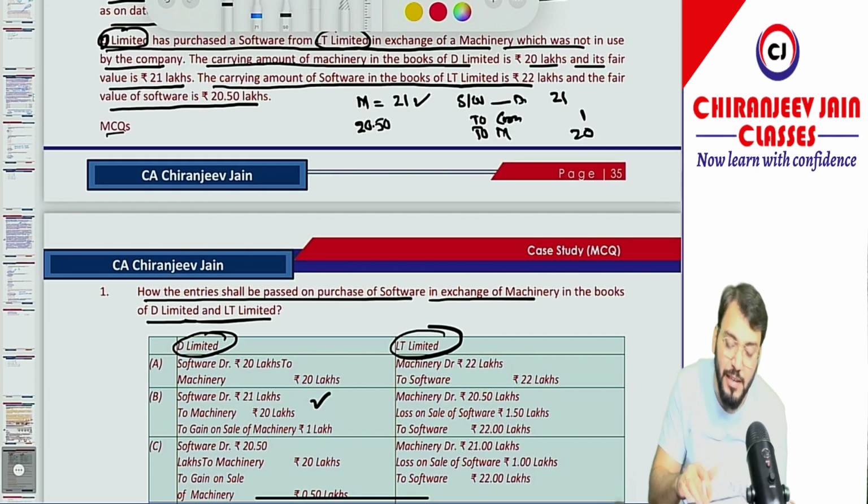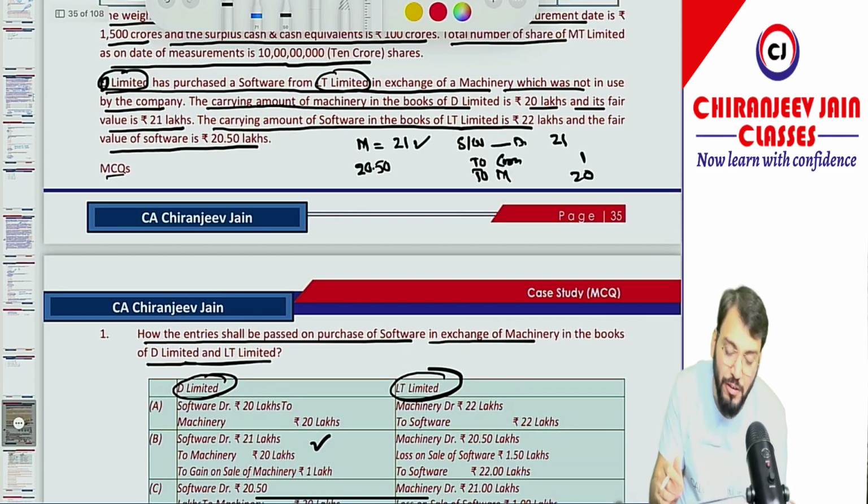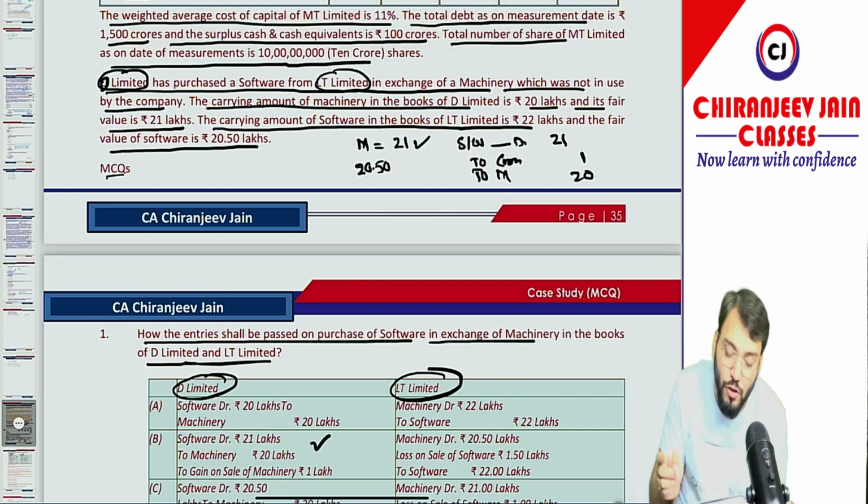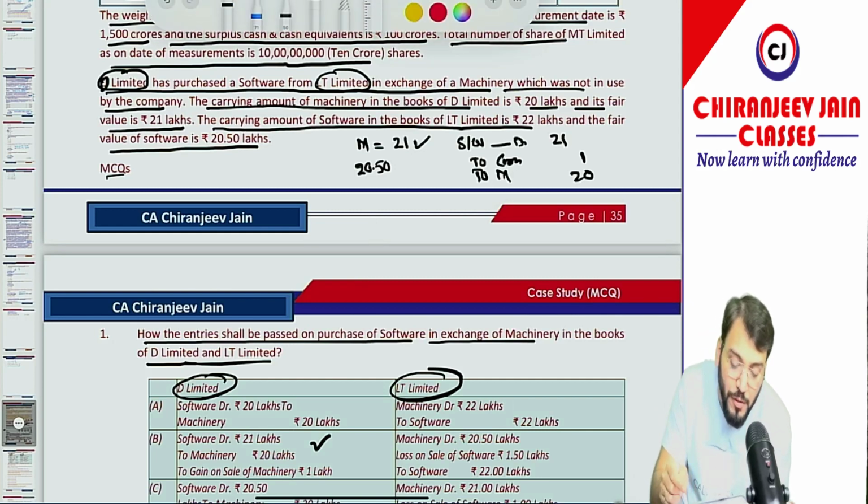From the point of view of LT Limited, what will be the journal entry? Can you say for LT Limited, they have purchased what? Machinery in exchange of software. So first preference will be given to fair value of software given up. So what is the cost price of machinery? Cost price of machinery will be the fair value of software given up. So here machinery account debit will be 20.50.